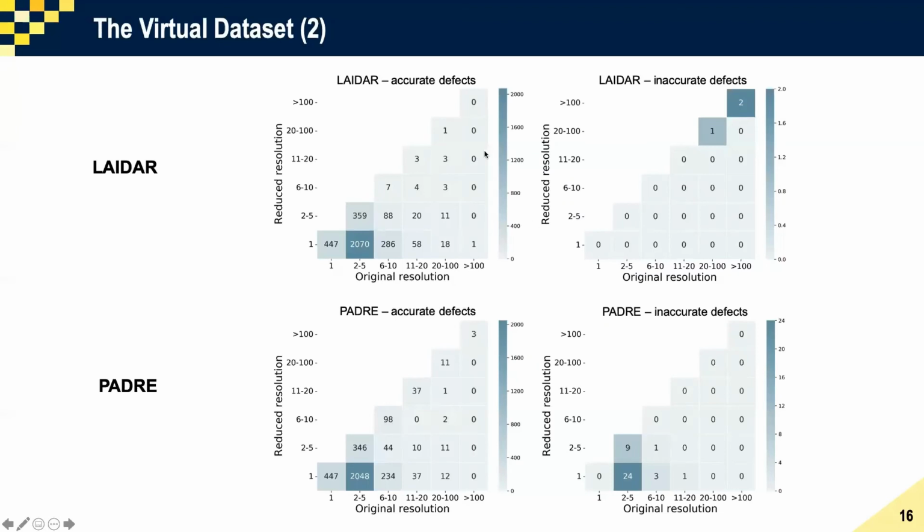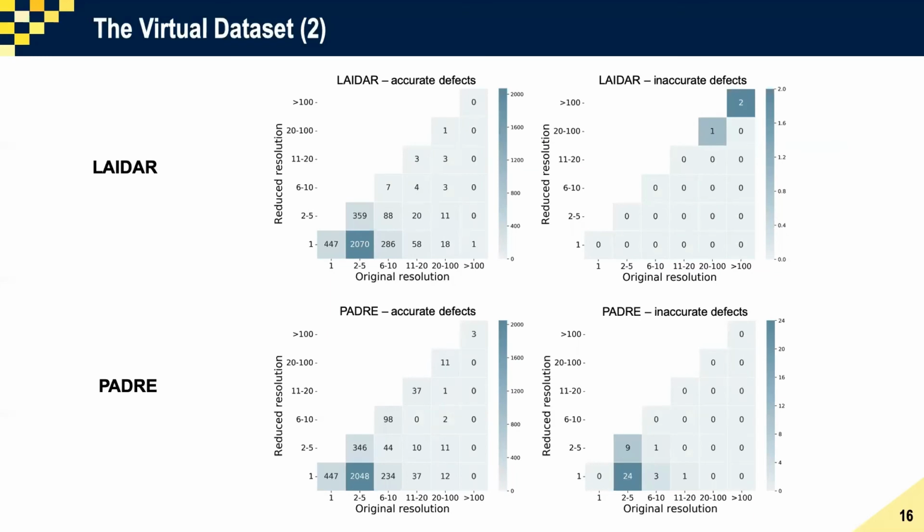The left subplot provides the result for the accurate cases. Compared to PADRE, LAIDAR has lower number for diagonal elements and larger values for under-diagonal elements, indicating that LAIDAR significantly improves resolution over PADRE, especially for defects with a large initial resolution.